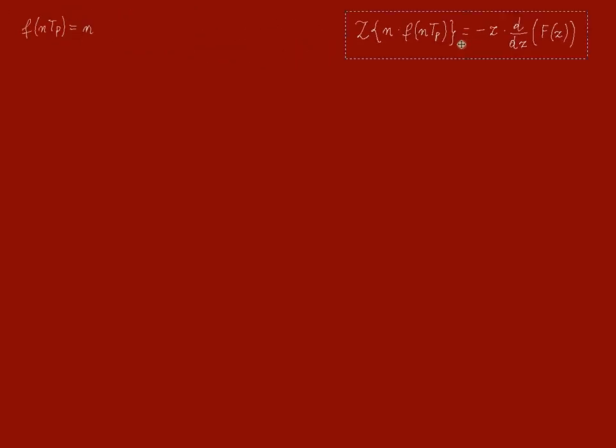Suppose we have a function f of ntp equal to n. What is the transform of this function? I remind you that as before, we multiply by the unit step.